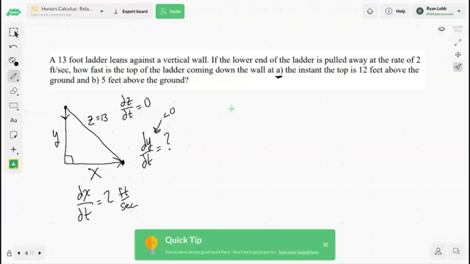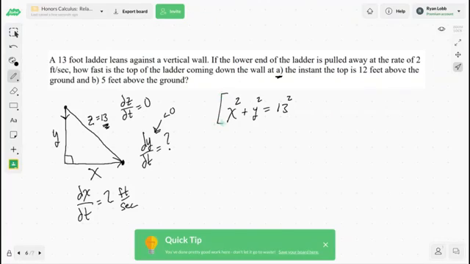Now, what makes sense in the context of this problem to relate x, y, and z? Well, clearly x squared plus y squared equals, Pythagorean theorem. In this case, when in doubt, you can always just put in z squared, but it's going to simplify if you plug in 13 here. But you have to make sure that whenever you plug in before you differentiate, this quantity is not changing, and this 13 is staying fixed the whole time.